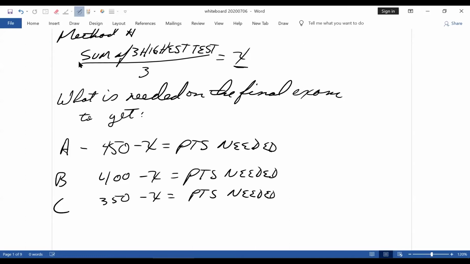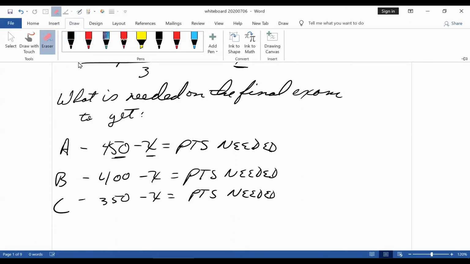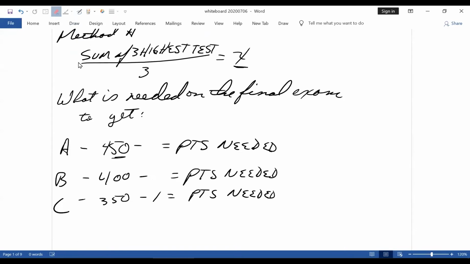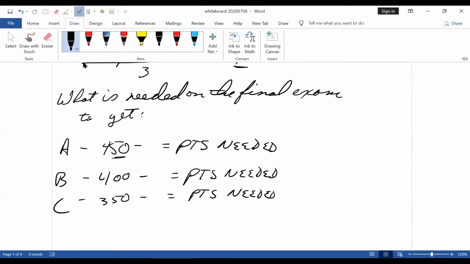All right, to get an A, you take 450 minus X, and X is the sum of your, oh, you know something, I got this wrong. Every semester I do the same mistake.